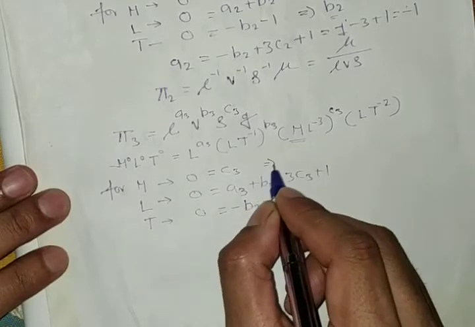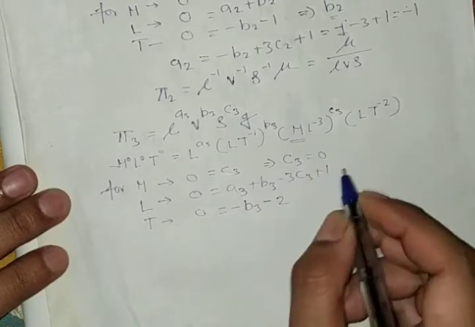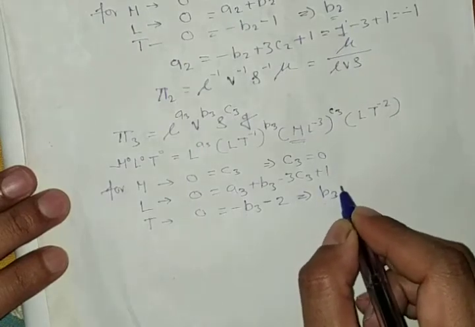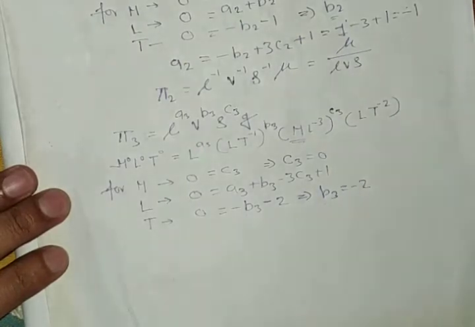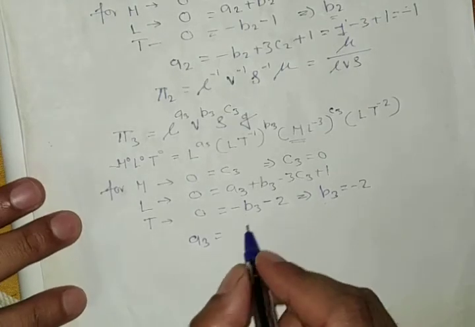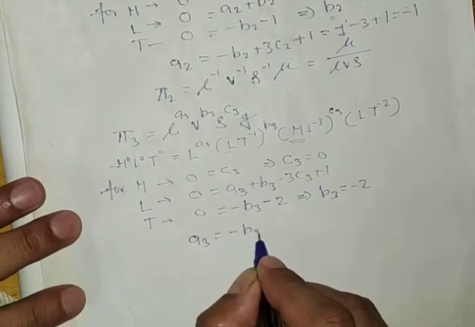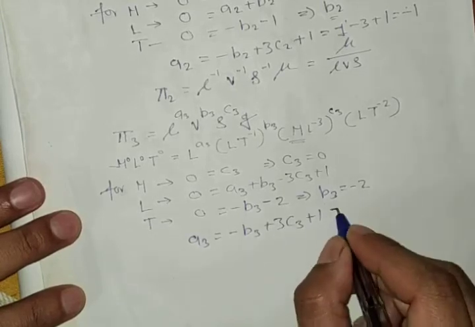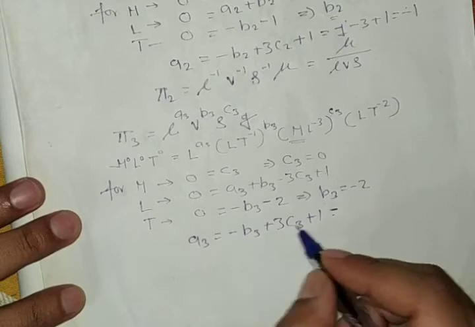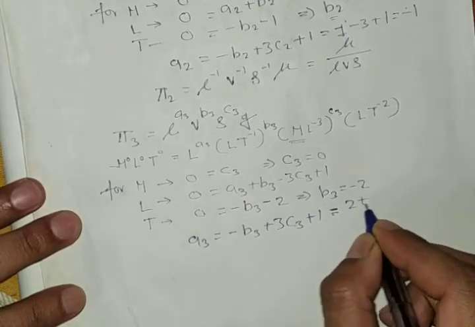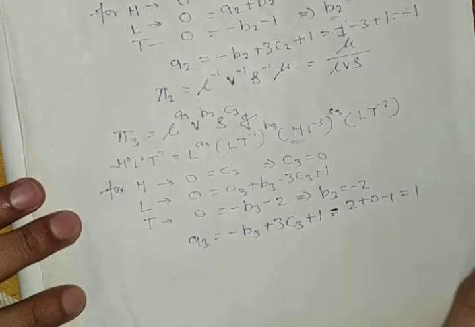So from this you are getting C3 is 0 and B3 is equal to minus 2. So then A3 will be minus B3 plus 3C3 plus 1. If I put the value here for B3 and C3, you will get 2 plus 0 plus 1, it will be 3... it will be 1.